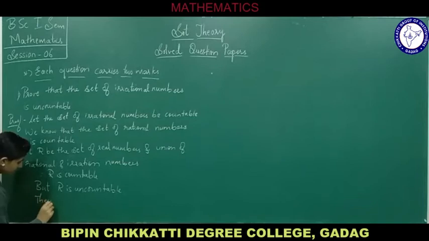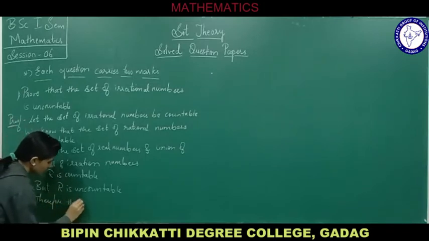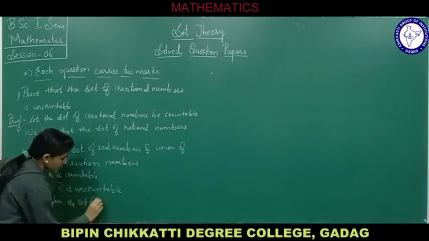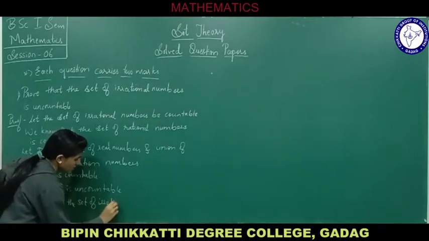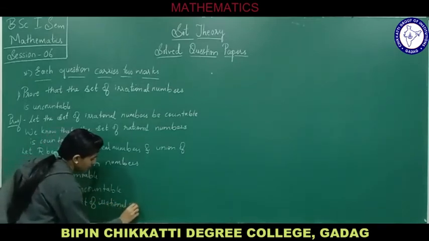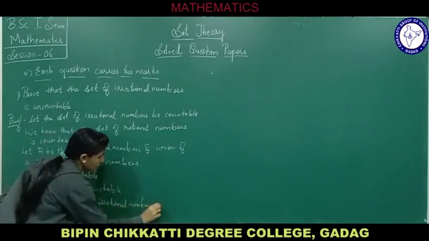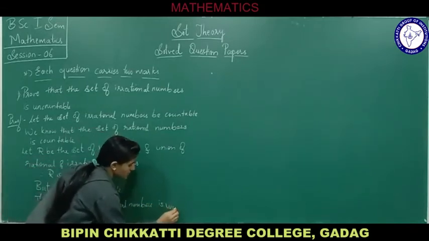Therefore our assumption is wrong, and the set of irrational numbers is uncountable.